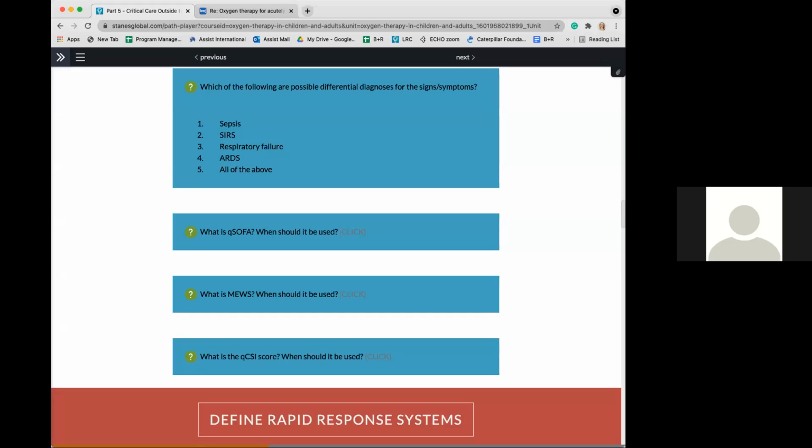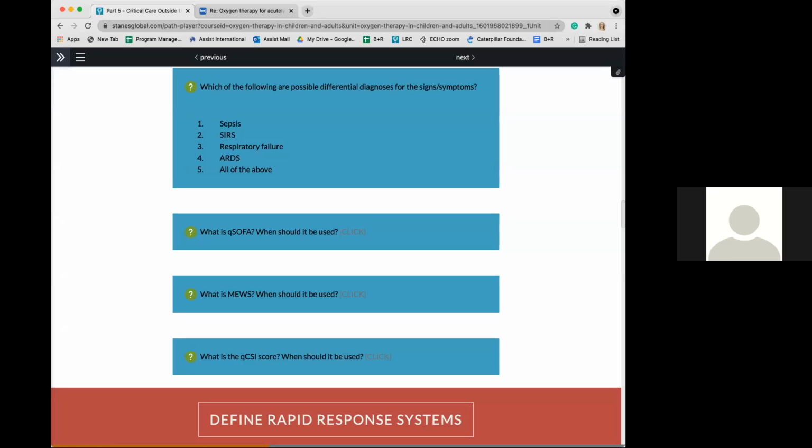It may involve calling what we call an emergency response team or a code blue in severe cases if it's a cardiac arrest. Another action that can be elicited by the scoring systems would include calling for expert or specialist help, or maybe moving that patient to a higher level of care. So that's the importance of these scoring systems.